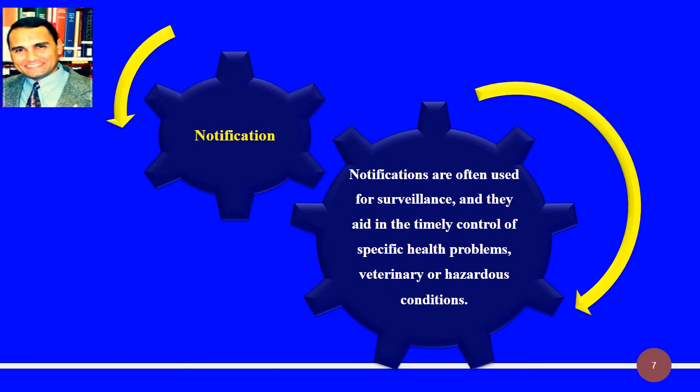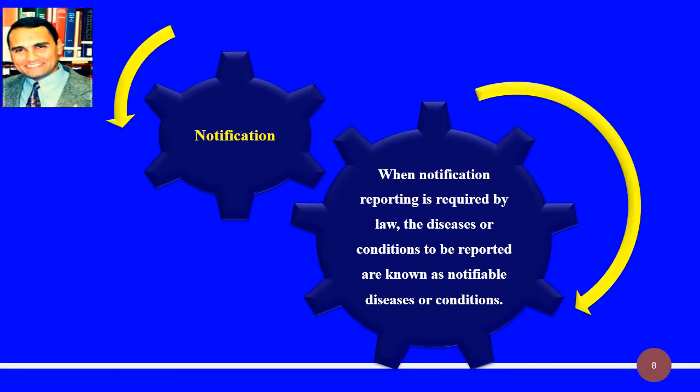Notifications are often used for surveillance, and they aid in the timely control of a specific health problem, veterinary problems, or hazardous conditions. When notification reports are required by law, the diseases or conditions to be reported are known as notifiable diseases or notifiable conditions.